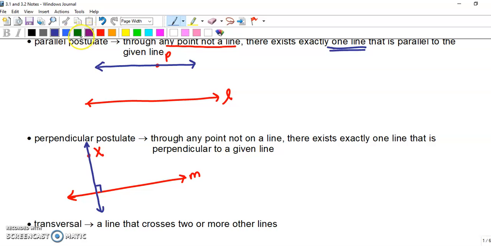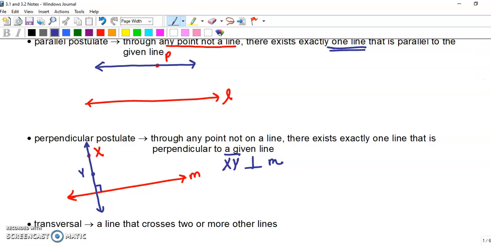So we'll give it another point, Y. That's terrible. Remember the symbol for that is XY is perpendicular to line M. Okay, that upside down T means it's perpendicular to.